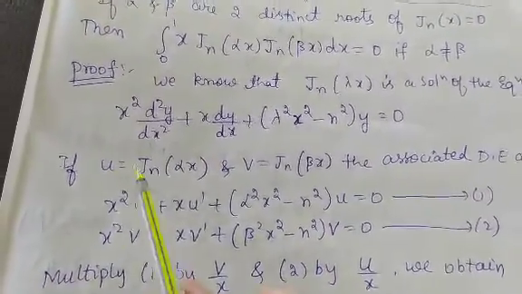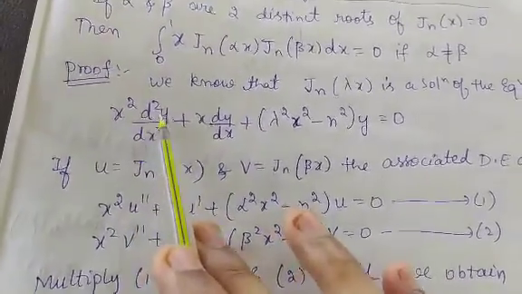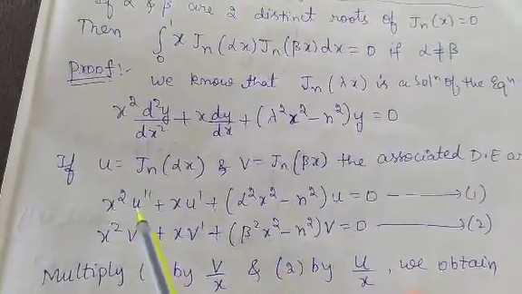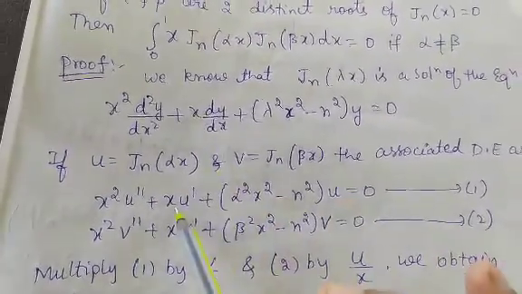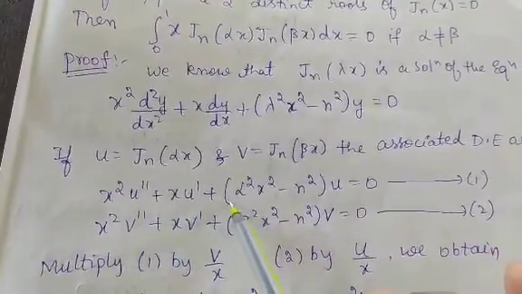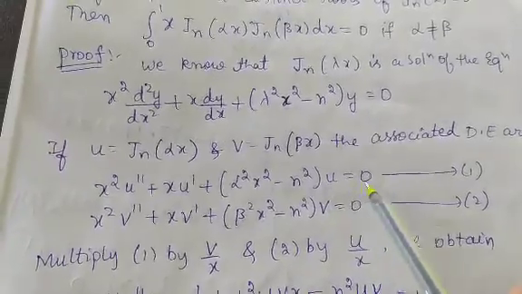Now I am going to apply the same thing to this differential equation. It is x squared times, in place of y double dash, u double dash, plus x times u dash, plus (alpha squared x squared minus n squared) times u equals 0.